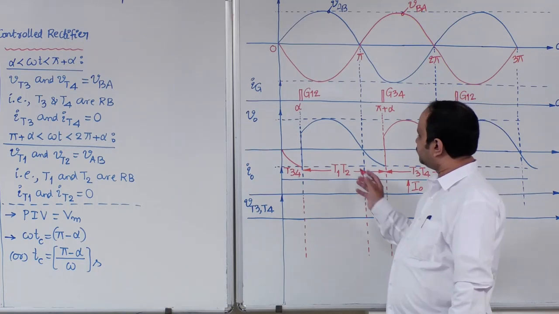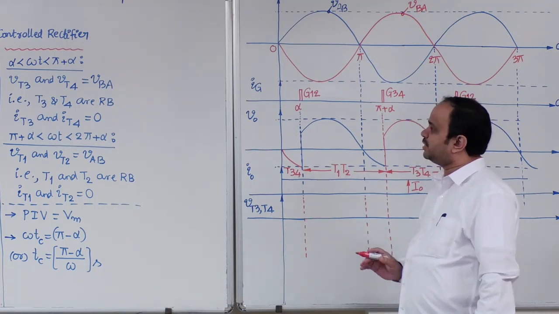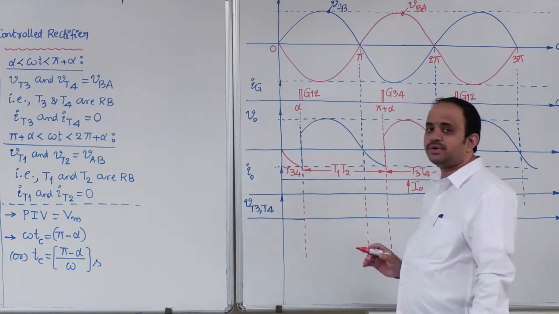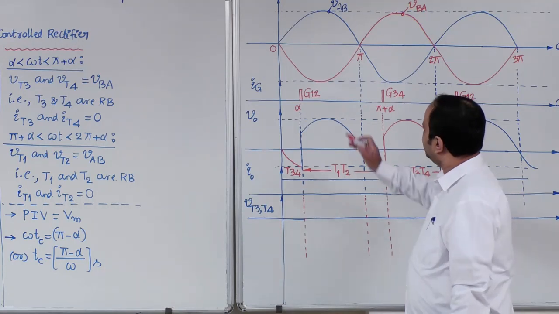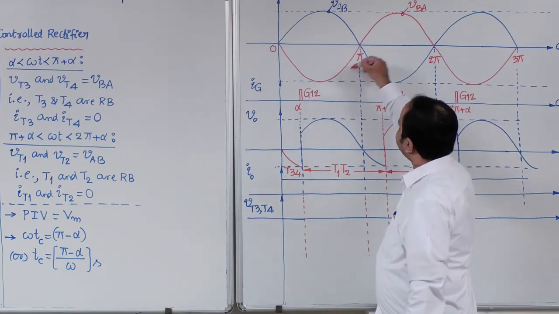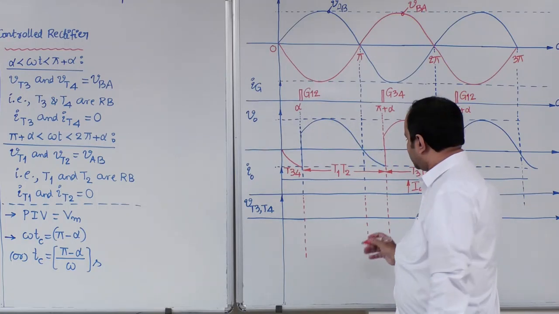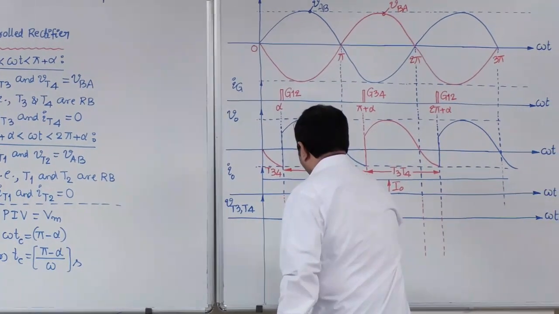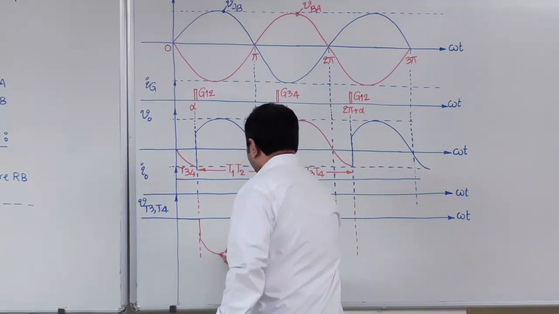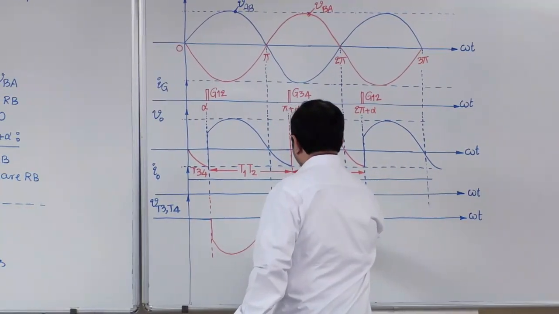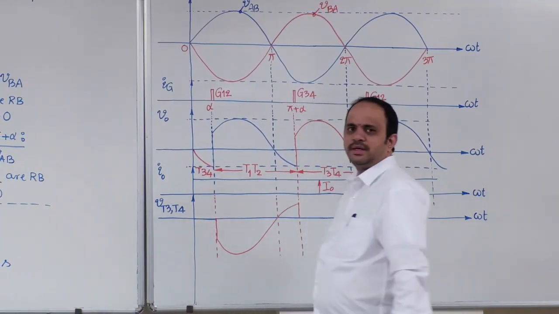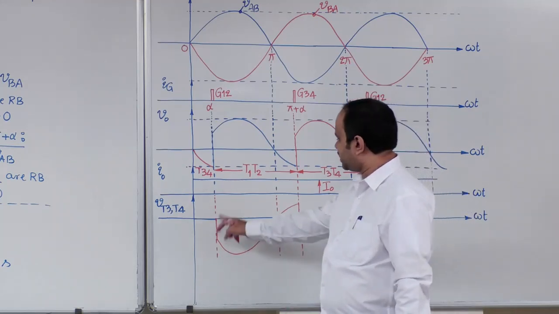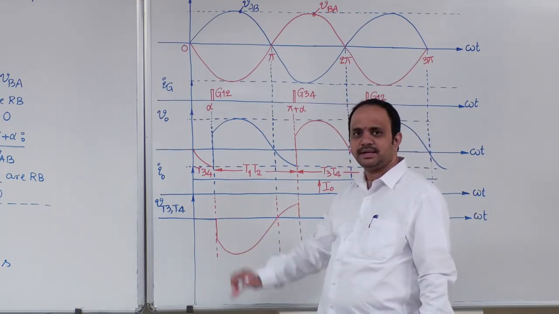Therefore, what is the voltage across T3 T4? Just now we concluded that it is equal to VBA. VBA means the red color sinusoidal. Okay. So, if you draw the red color sinusoidal from alpha to pi plus alpha, it will be like this.